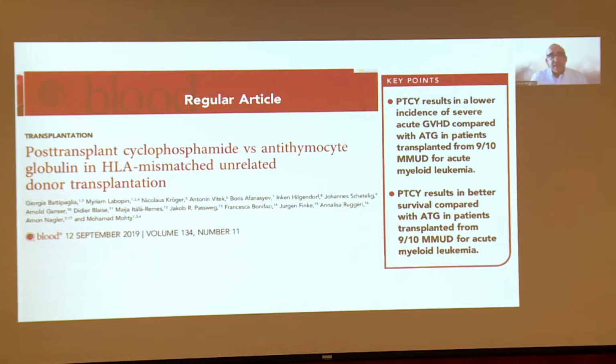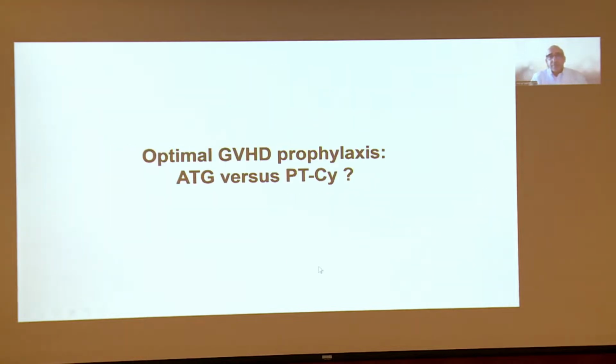And this was established in the setting of acute myeloid leukemia, which represents today the key indication for allo transplant. So we know today that in the mismatch setting, also post-Cy is widely used.